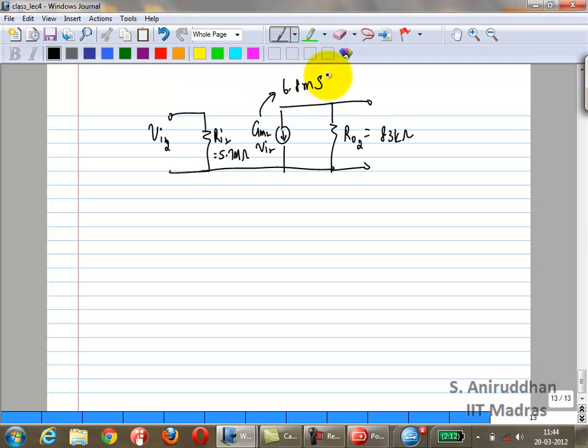Correct? Okay. How about the last stage?